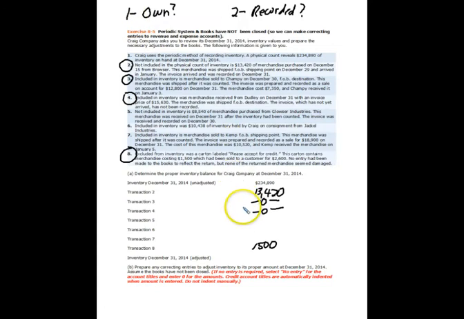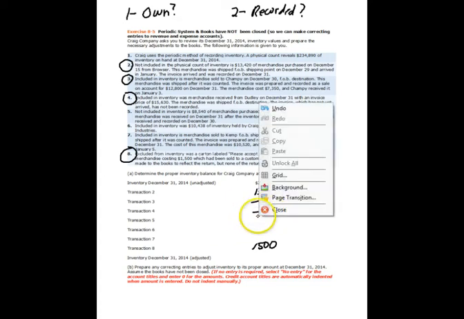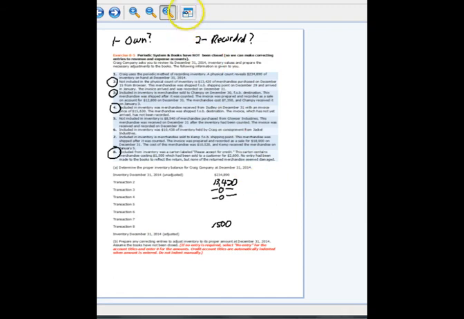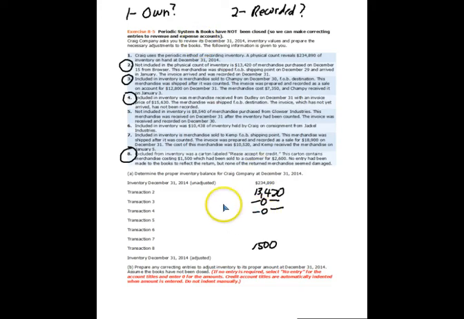Okay, other things, just because this gets kind of long and tedious, I'm just going to kind of go through. In number 5, you're going to see that the goods were recorded accurately. The goods were recorded accurately, but they didn't get counted in ending inventory. So we need to put the $8,540 in the ending inventory.